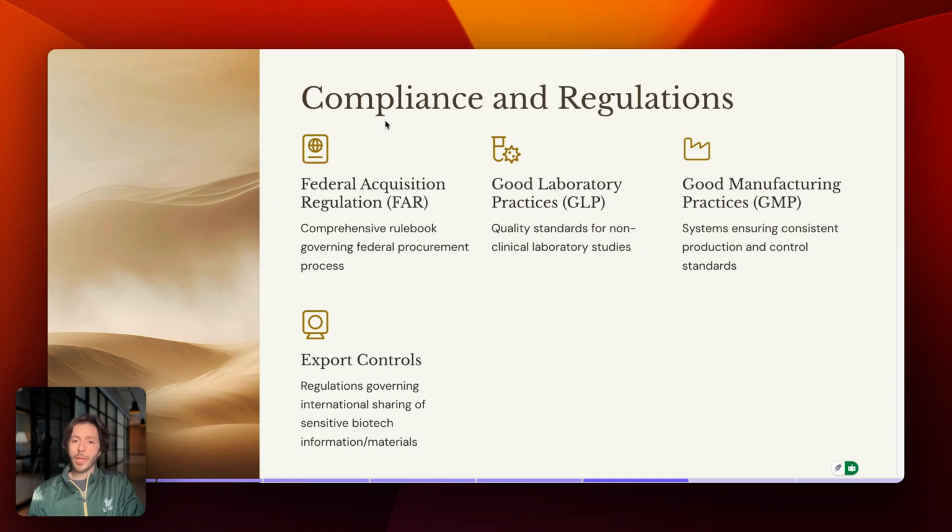For GLP, or Good Laboratory Practices, that's a standard non-clinical lab guideline. For GMP, which is Good Manufacturing Practices, it's basically a system of production and control standards, kind of the QA of the whole process, the quality assurance.